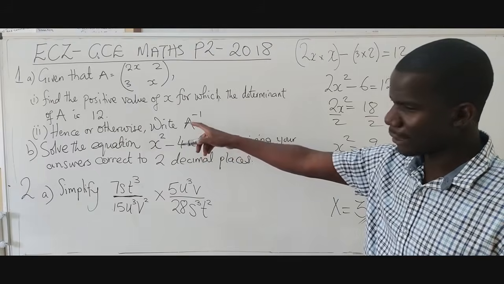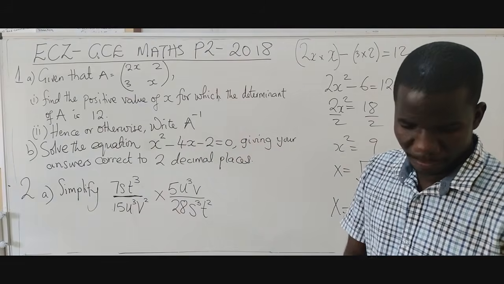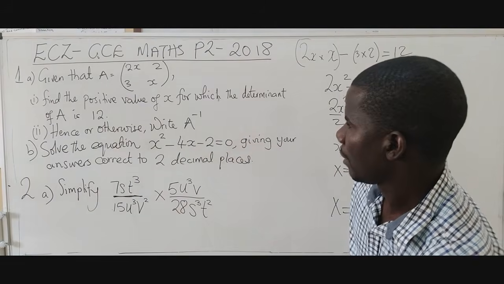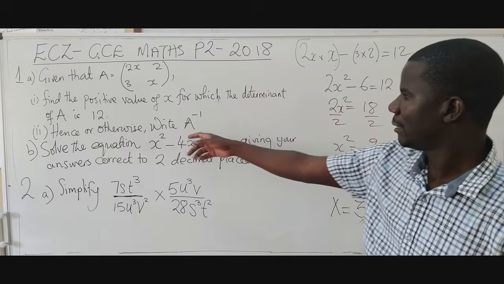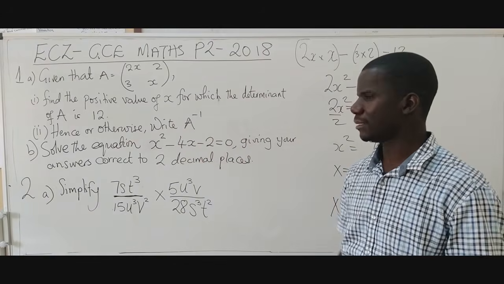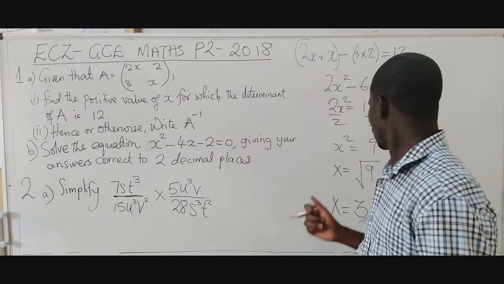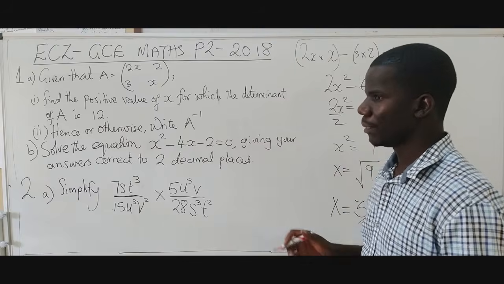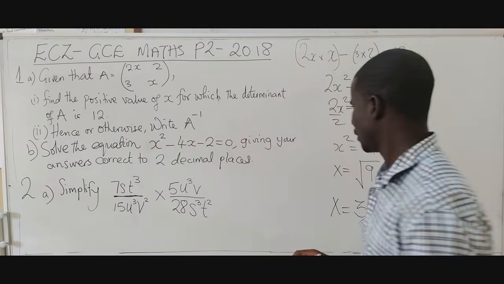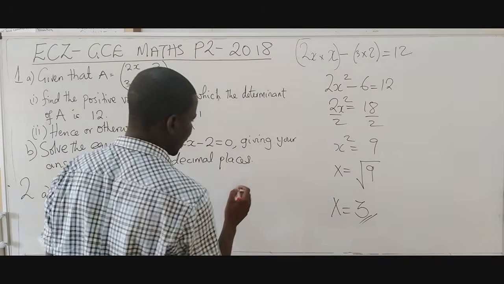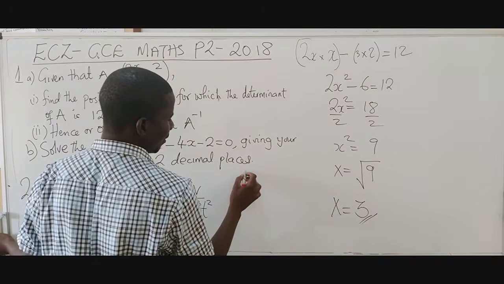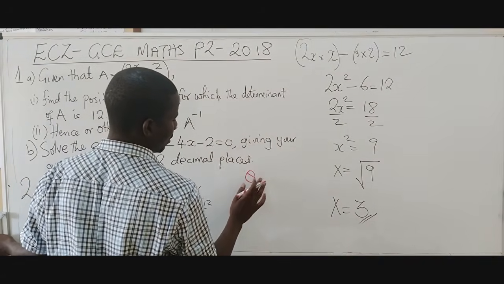Then the second part is saying, hence or otherwise, write the inverse. This is the inverse of A. That is what that expression is talking about. So how do we write the inverse of A?